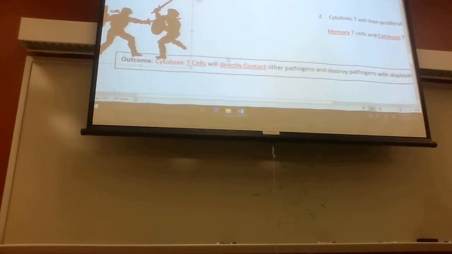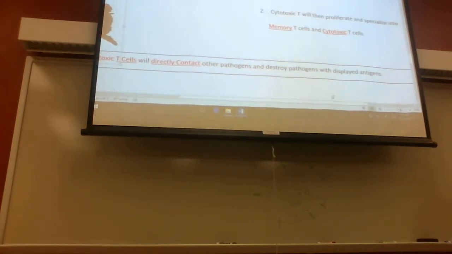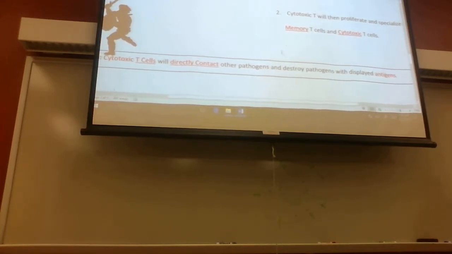Cytotoxic T cells will directly contact other pathogens and destroy pathogens with displayed antigens. Does that kind of clear up what cytotoxic does?